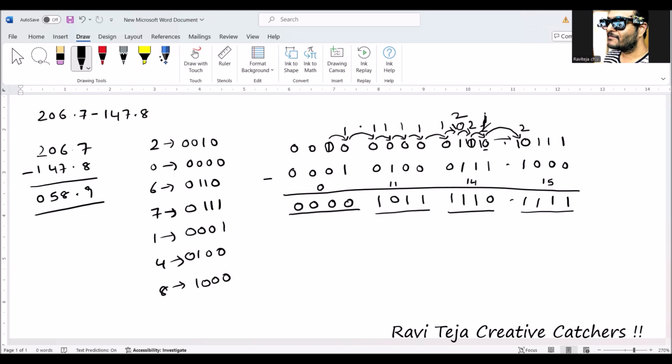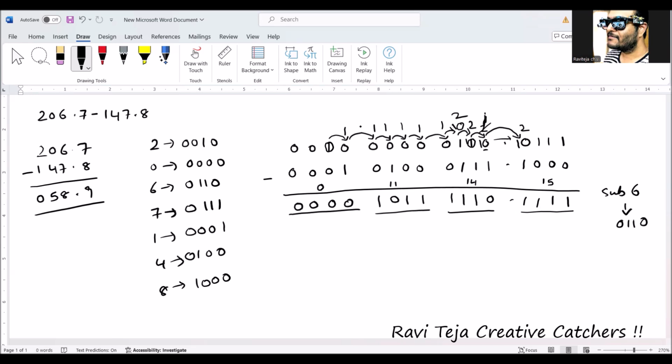Here we got errors. So any 4-bit data having a value greater than 9 should be subtracted with the value 6. 6 means 0110.